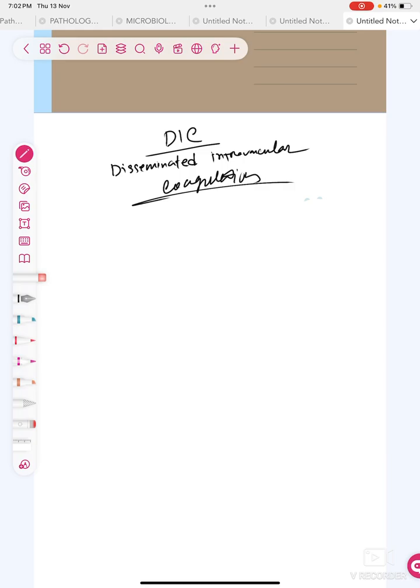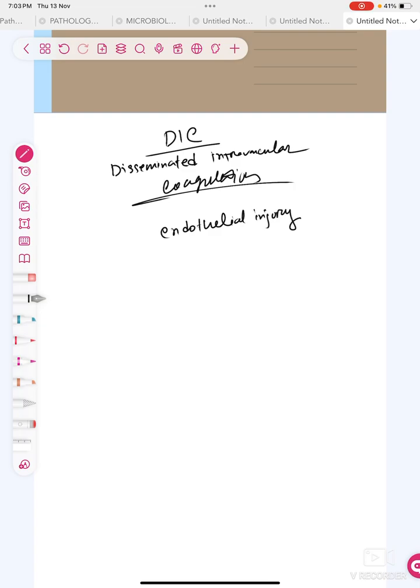So endothelial injury occurs somehow, and the procoagulant matters are released into the circulation, which then activates many platelets. Suppose there is an endothelial injury.